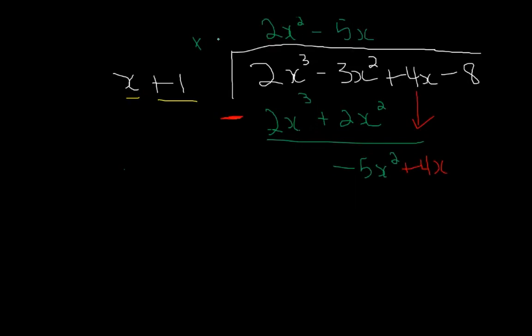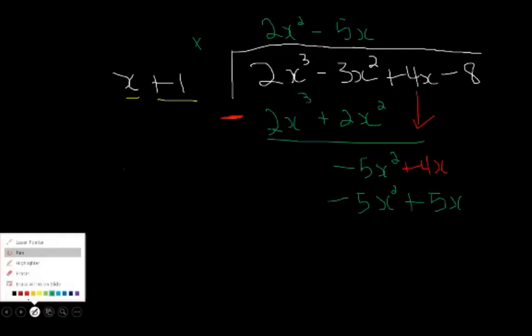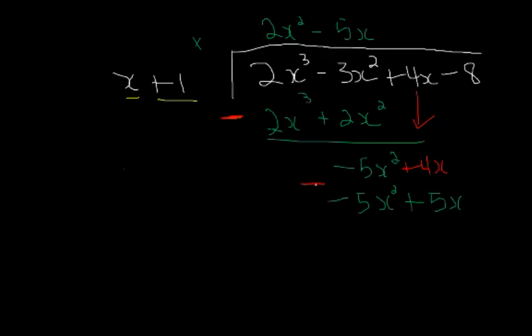Then minus 5x multiplied by x is minus 5x squared. But I have two terms in my divisor, so I also have to say minus 5x multiplied by 1, which is going to give me positive 5x. Remember, you're always subtracting them.